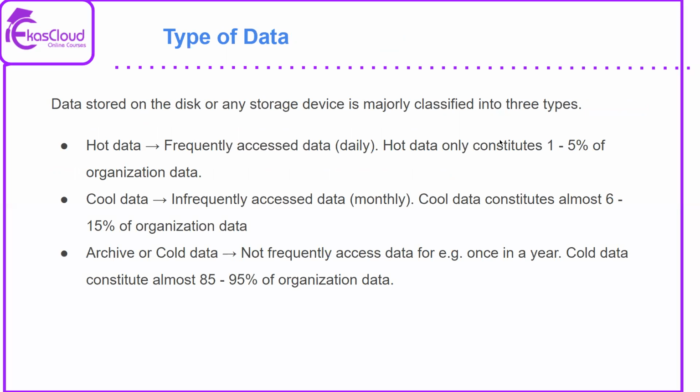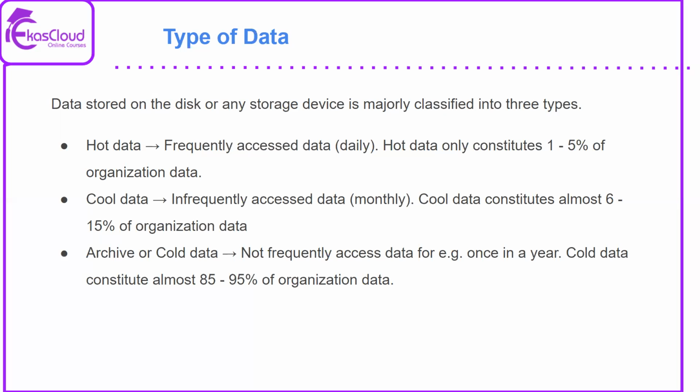Before we understand the storage, we need to understand what kind of data we store on the hard drives. They are mostly classified as either hot data, cool data, or cold data. This terminology is based on usage.